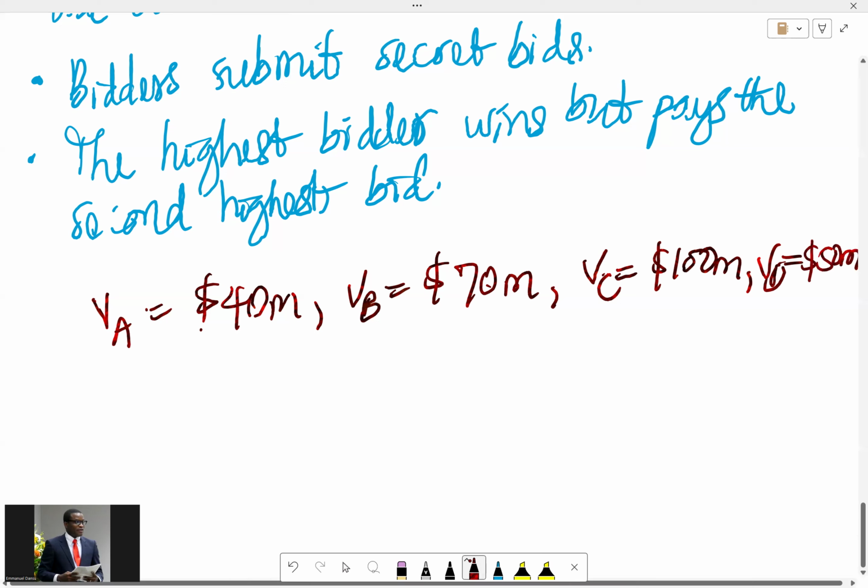So you can see that the highest bid is $100 million.